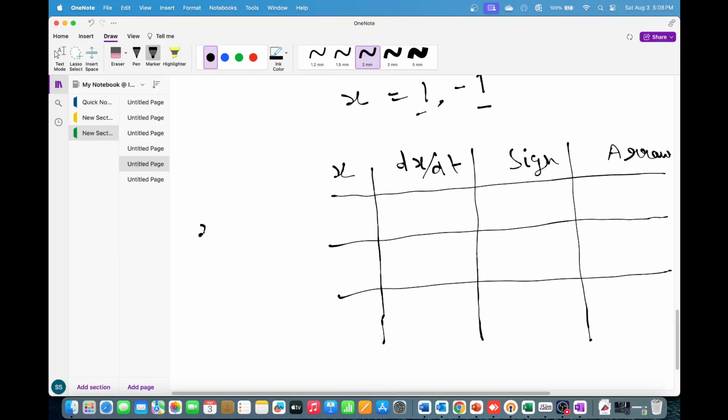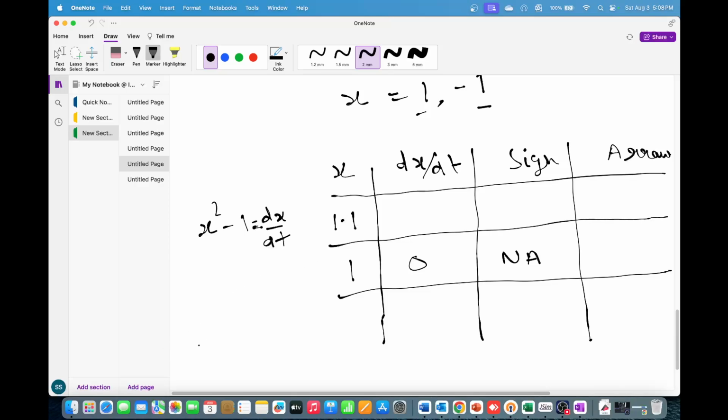So let's keep the equation here. Go to dx/dt. Let's do it for plus 1 at first. So at plus 1, dx/dt is 0, sign is not applicable. Now slightly increase the value from 1 to say 1.1.